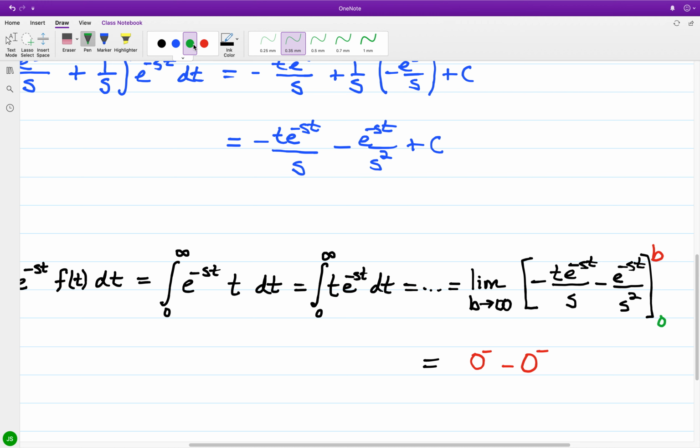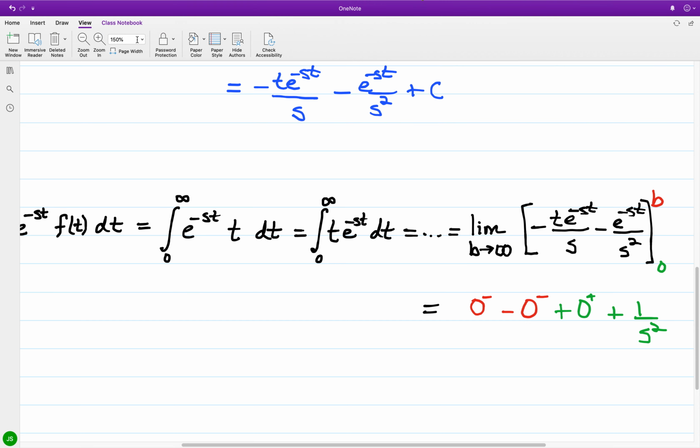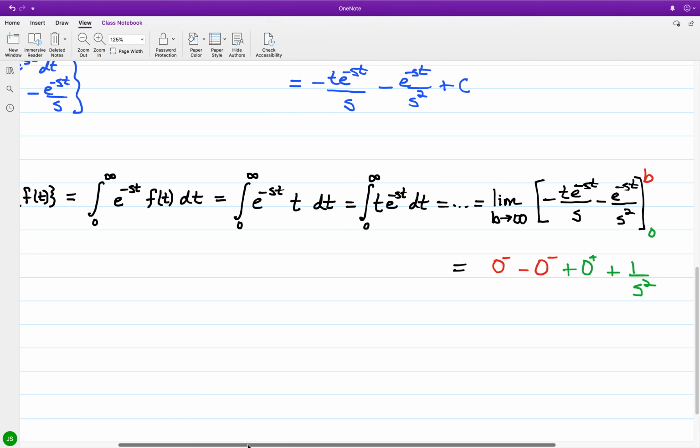Then with the lower limit at 0, we're going to have 0 once again, since I'm setting t to 0, and plus e to the 0, so plus 1 over s squared. So in effect, the Laplace transform of the function t comes out to 1 over s squared.